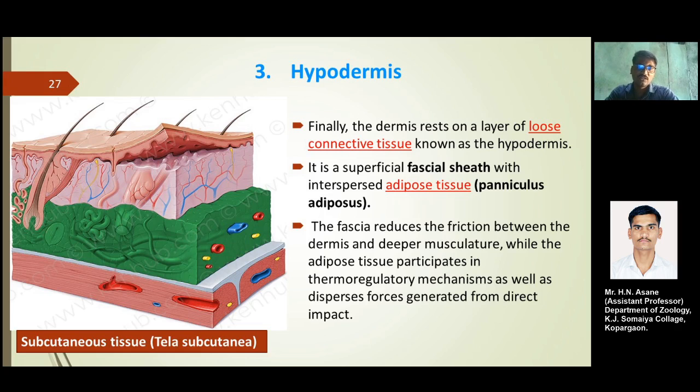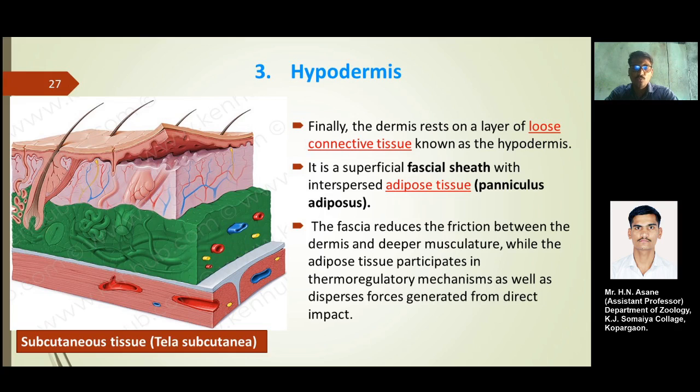Okay, the fascia reduces friction between the dermis and the deeper muscle, while the adipose tissue participates in the thermoregulatory mechanism as well as dispersing forces generated from direct impact.